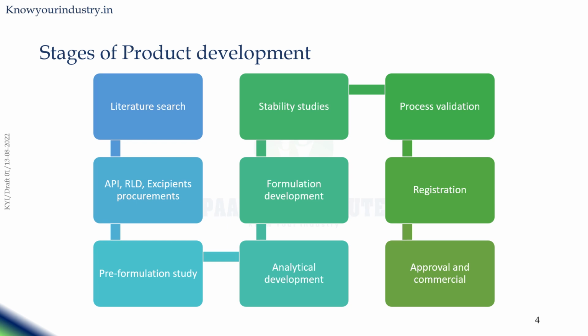If it is US, you can go for the US FDA. If it is EU, you can apply to an EU agency, or if it is Brazil, you can approach Anvisa, or if it is Australia, you can approach TGA. So there are various agencies available.